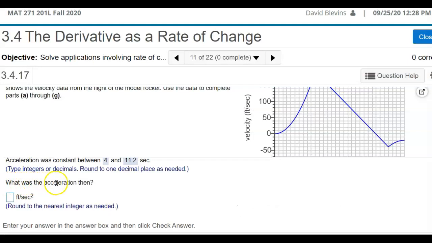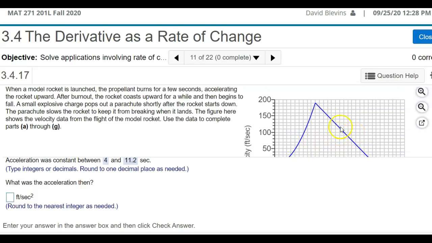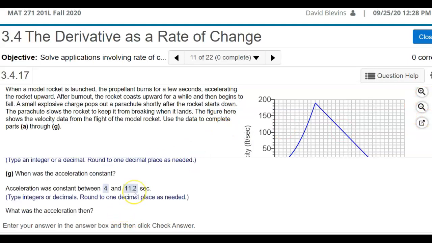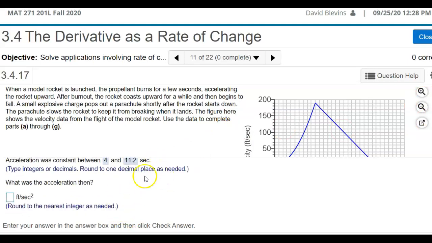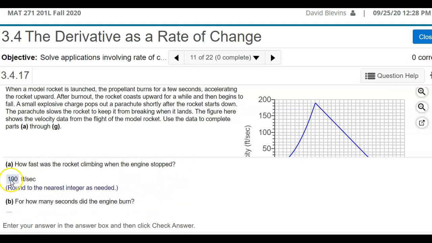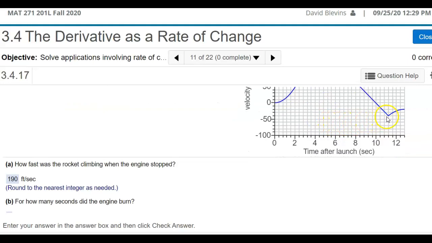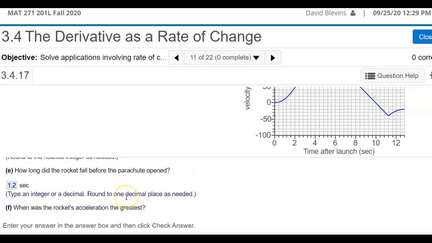And what was the acceleration then? Well, the acceleration is the derivative of this. So the acceleration would be the slope of that line. So what we'd have to do is estimate the velocity at those points and then find the slope. So there's part of it is the 190 at 4 seconds. So that's 4, 190 is that point. And then down here we said that was 11.2 and negative 40.